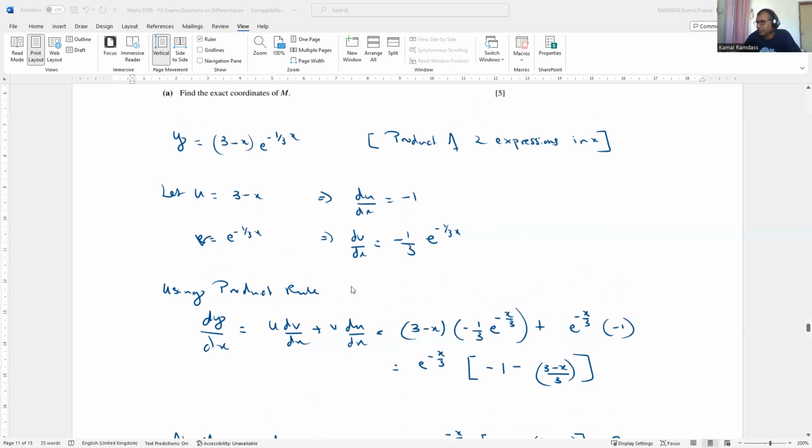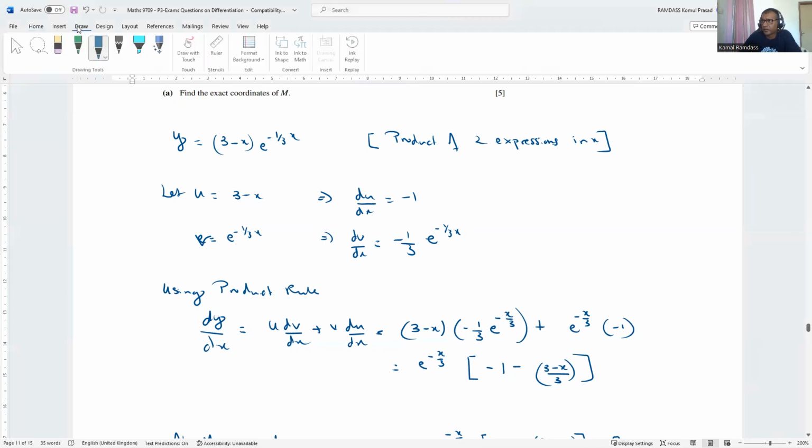OK? Et ça, c'est un product of two expressions in x, ça veut dire, on appelle ça u, on appelle ça v, et du by dx is equal to minus 1, dv by dx is equal to minus 1/3 e to the power of minus x over 3.